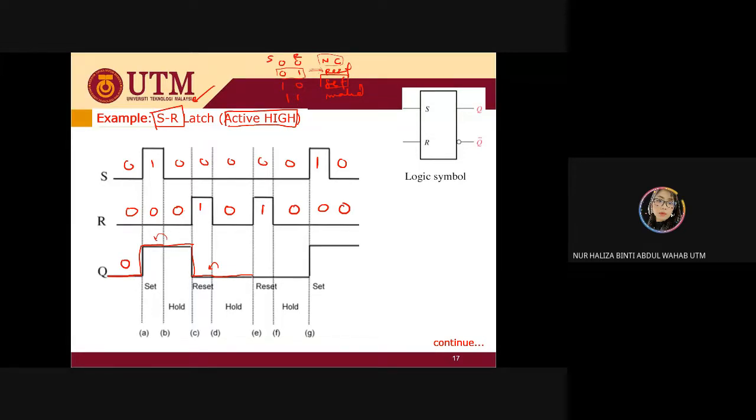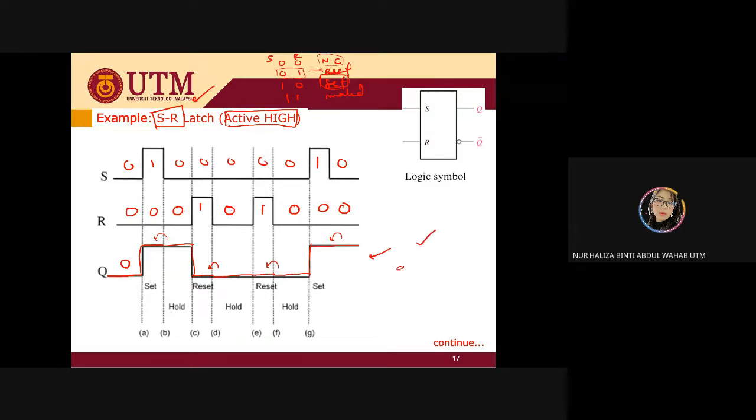So it will be 0. 0, 0, no change. We follow the previous output. It's going to be 0. 1, 0 is going to be set. That's why it's going to be up here. And 0, 0, no change. It follows the previous output. You get the 1. So this is your output.